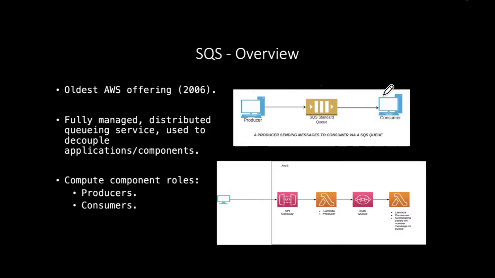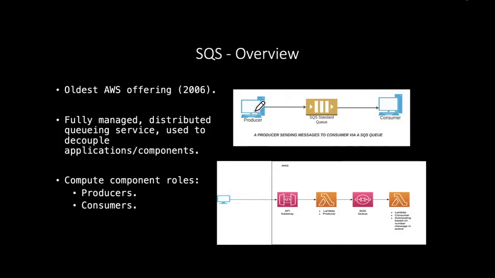EC2 didn't exist, so more than likely we had applications running on in-house servers. Those applications could be owned by the same organization, or by different organizations, and there was a need to enable these applications to communicate with one another. That's where the need for SQS came from.